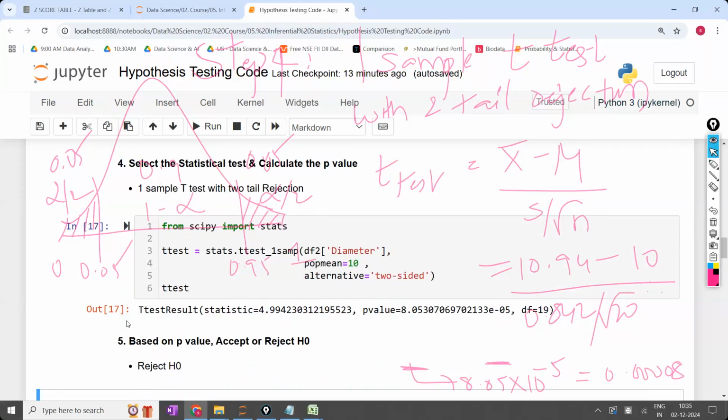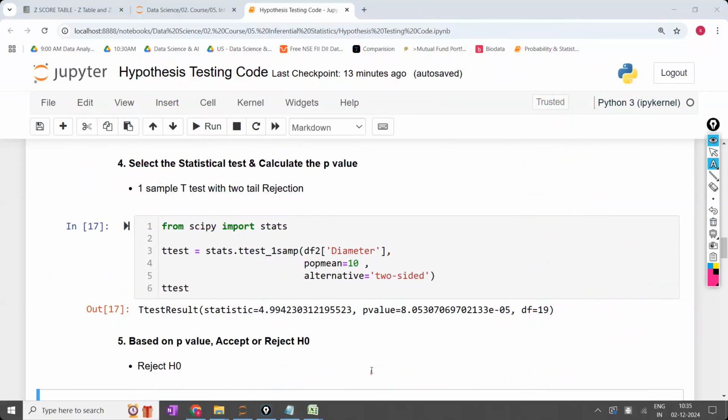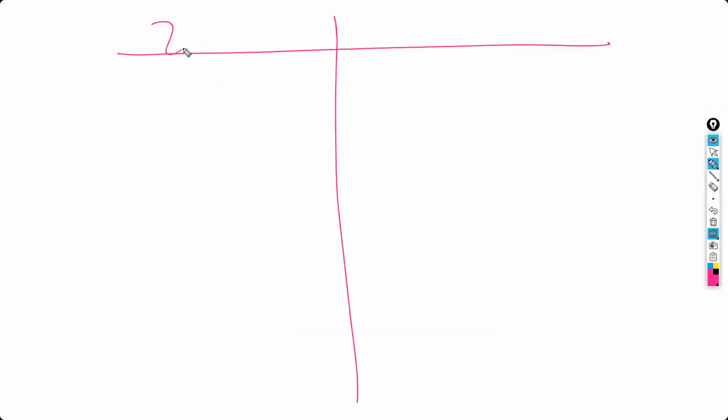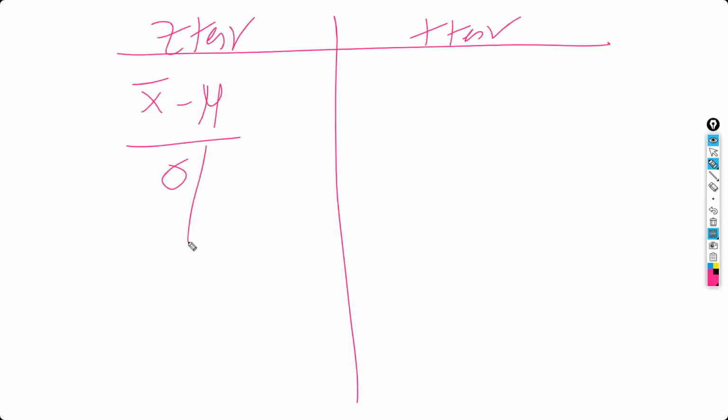Now, what is the formula for the z-test and what is the formula for the t-test? Z-test: x bar minus mu divided by sigma by square root of n. T-test: x bar minus mu divided by s by square root of n. Instead of sigma, you write s, that is the sample standard deviation.